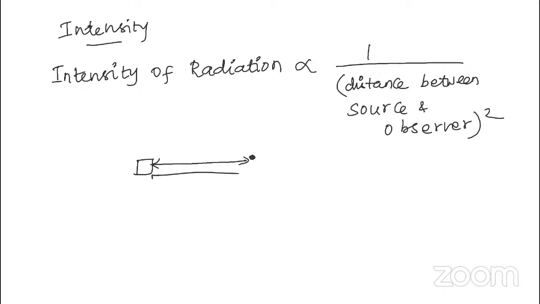Suppose that much distance we have to spot one object, the intensity should vary. Okay, light intensity should vary. So the intensity of radiation is related to the distance between the source and the observer.